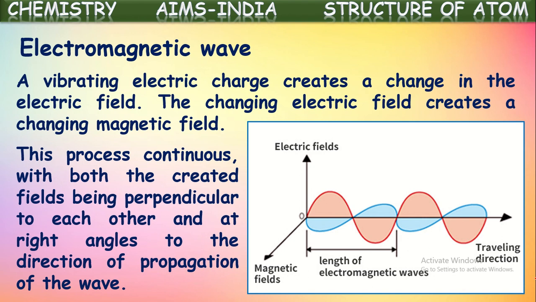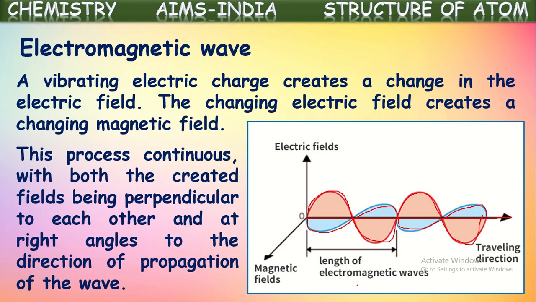If this is the wave propagation direction, and this is the magnetic field, this green blue light representing the magnetic field, and this is the electric field. So in this way, these two, magnetic field and electric field, are getting changes. These changes are being continued.